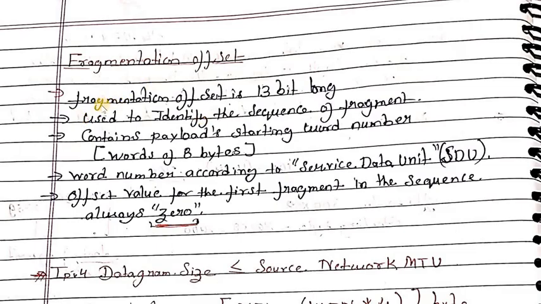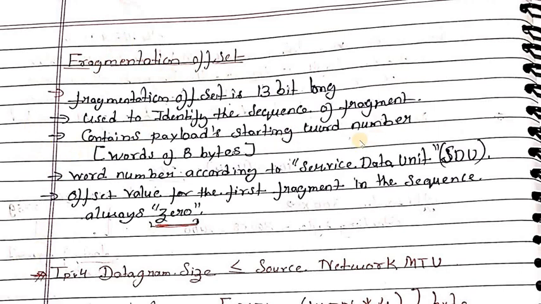The fragmentation offset is used to identify the sequence of the fragments. If we divide a packet into multiple segments, then to identify that those segments are part of one single packet, we use the fragmentation offset.